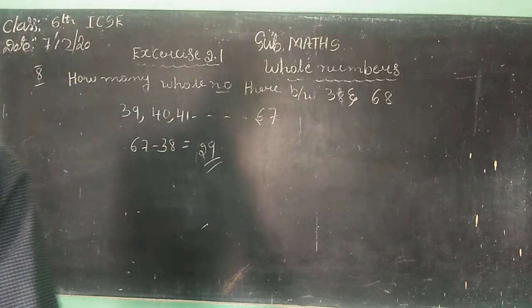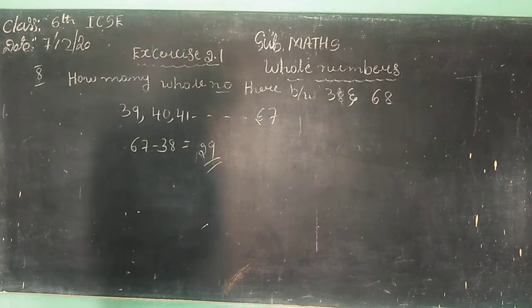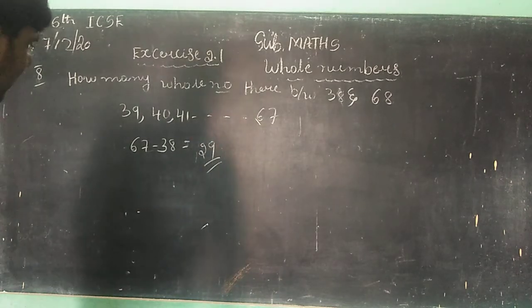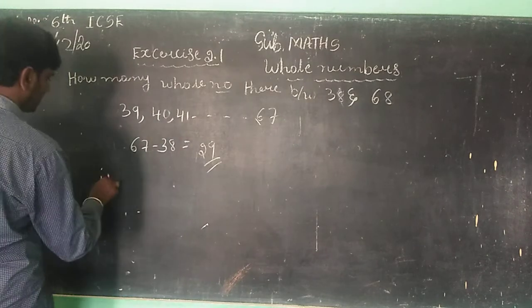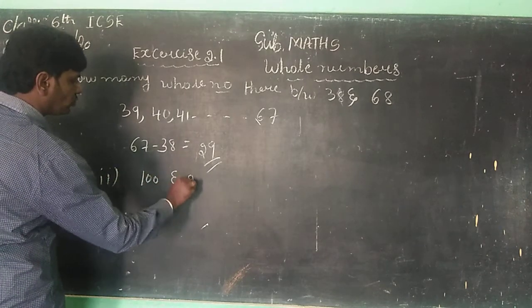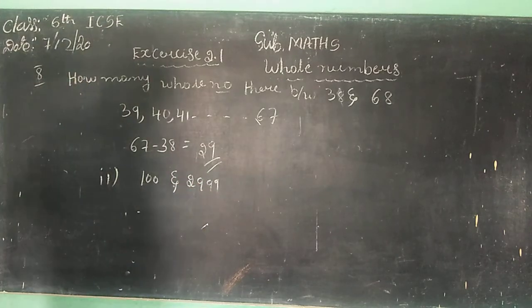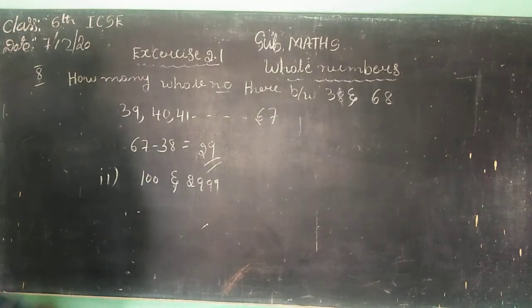As well as, children, now we want to take between 100 and 299. Correct, children? How can we take the second question: in between 100 and 299. So children, how can we write this also? The next number is, according to that, how many whole numbers are there between 99 and 100, not for 100.